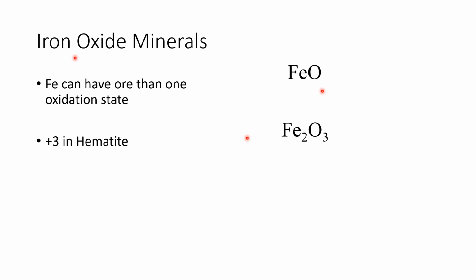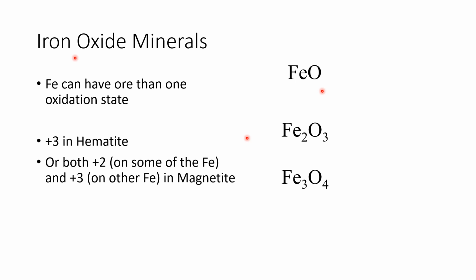In fact, magnetite is a special case because it's got both a +2 version and a couple of +3 versions in it. That's actually what gives rise to the magnetism, because of those unbalanced iron oxidation states in the mineral. So a couple of these irons are +3s and the other one is +2. So you still have your 8 negatives and you have to have 8 positives to balance that out.